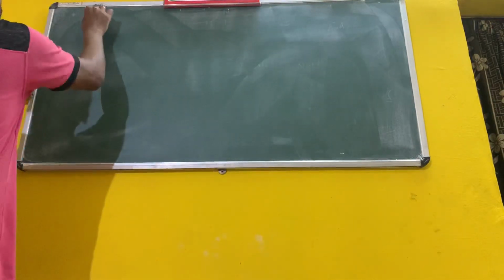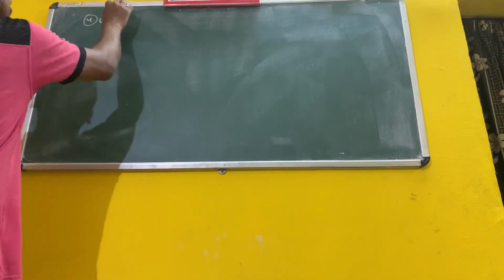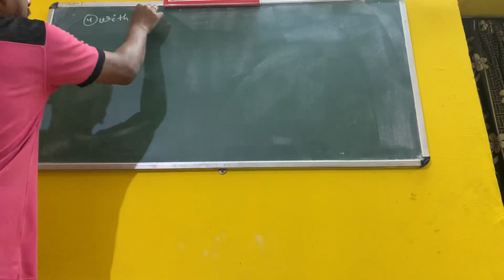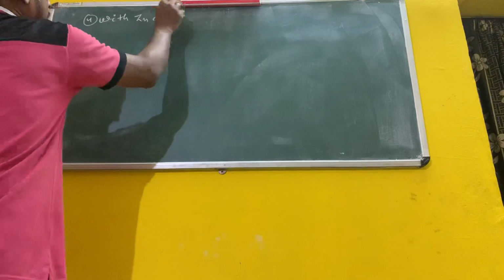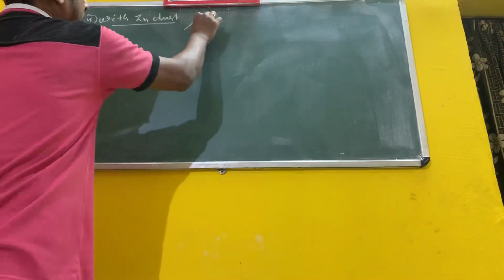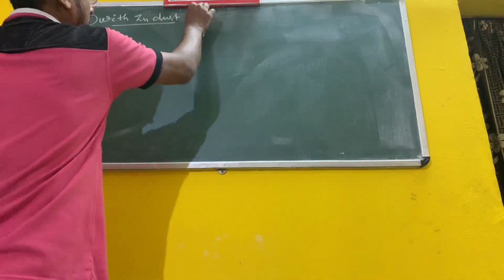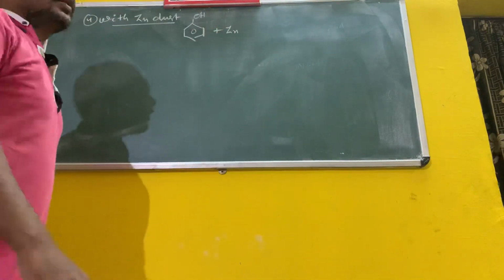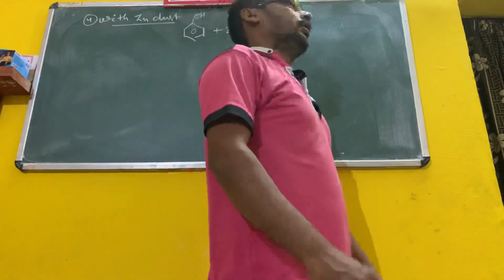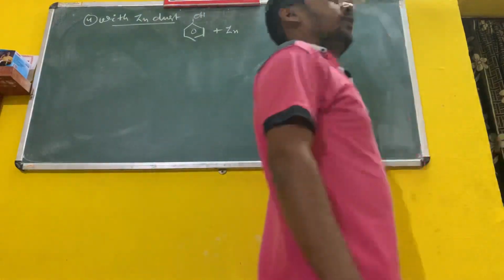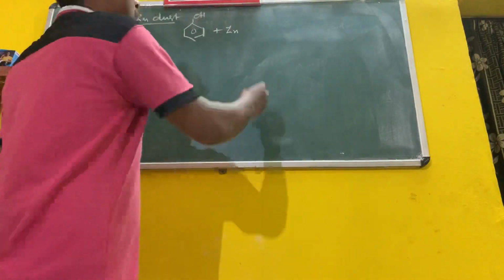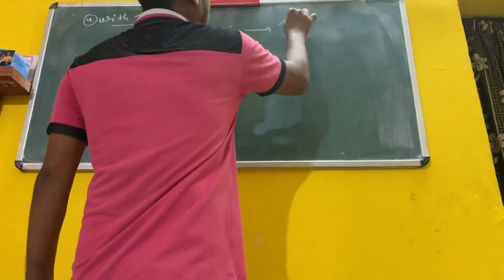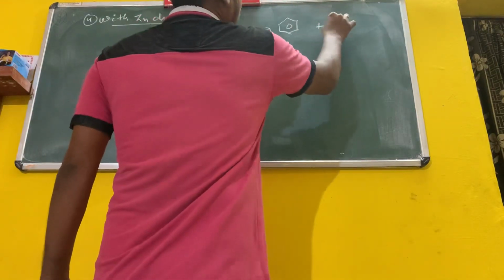Fourth, with zinc dust. When phenol is treated with zinc dust, you know that the valency of zinc is 2 plus, then it will take the oxygen, ZnO.